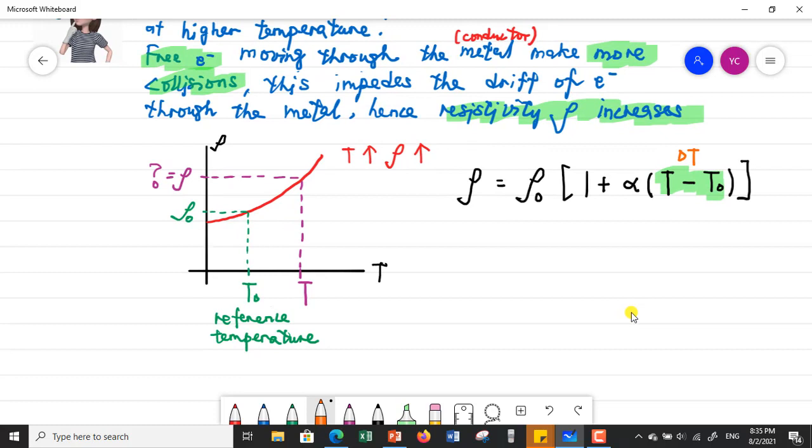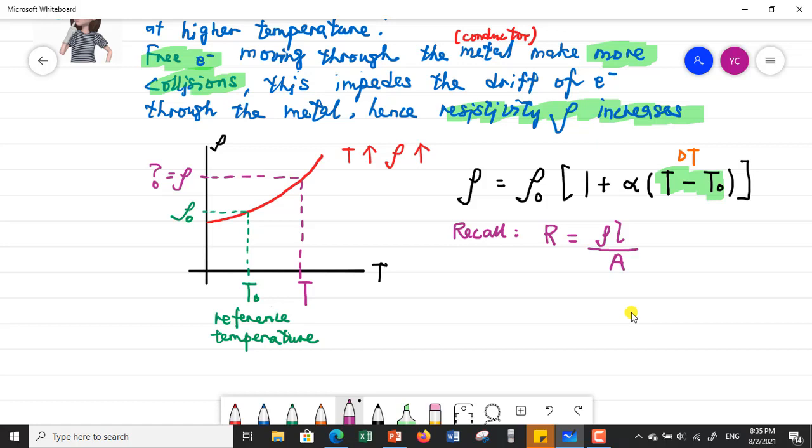And then class, if you recall from the previous lesson, we can relate the resistivity with resistance. Resistance is resistivity multiplied by the length of the conductor over the cross-sectional area of the conductor.